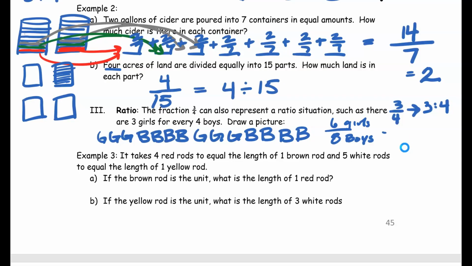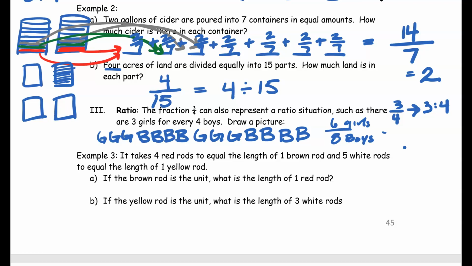So when you're dealing with a ratio, it doesn't necessarily mean that there are exactly 3 girls and 4 boys. There could be quite a lot of kids, but if you reduce it, there should always be a ratio of 3 girls to every 4 boys.